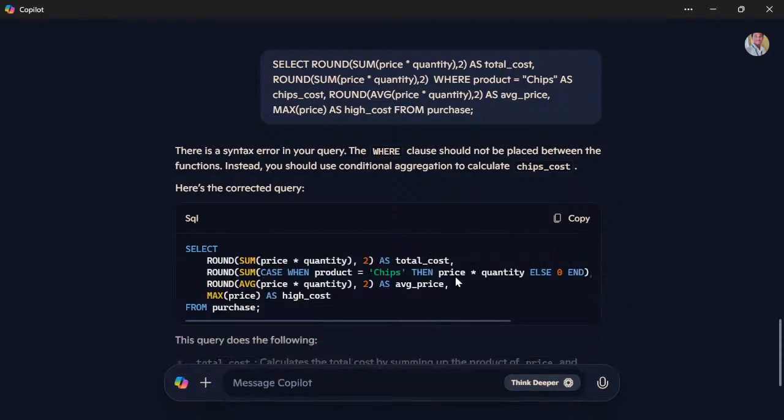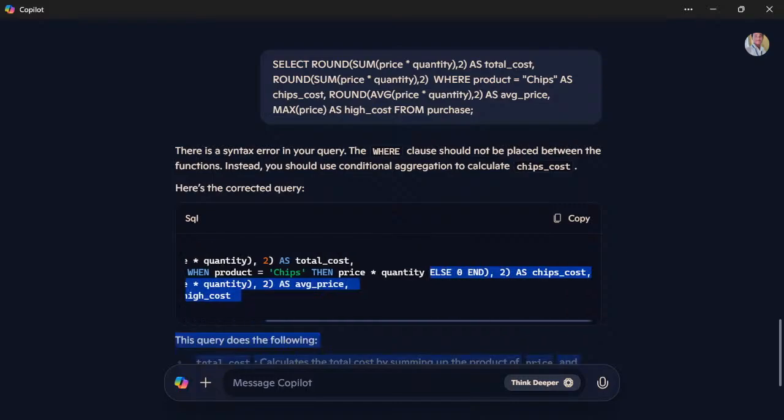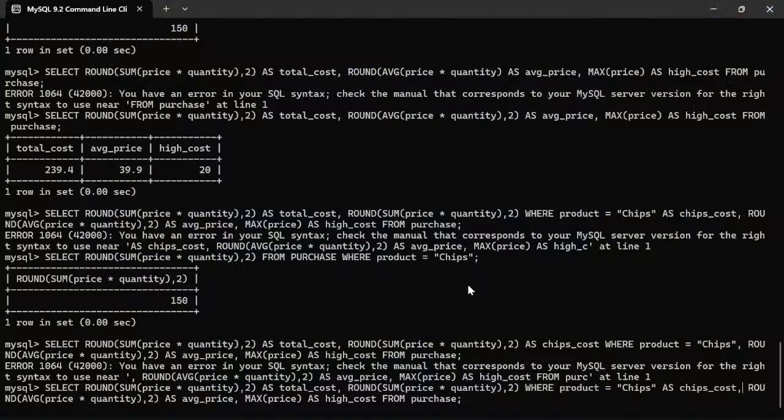What's happening? Yeah, as chips cost, and the rounding is also done there. Okay, done the rounding. That's not a big problem. So I can do it now. It's a challenge now.